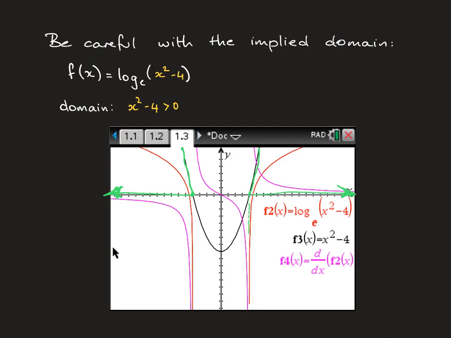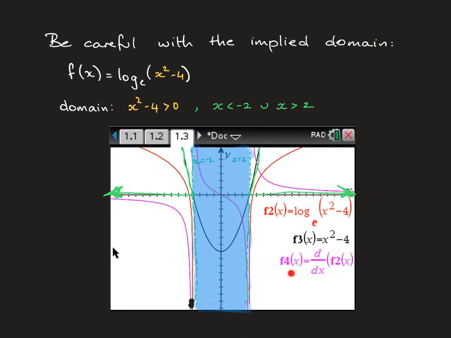Now that line there is in fact the line x is equal to 2. And our function doesn't exist in the blue section between those two asymptotes. So you can see our actual log function itself has a right arm and a left arm.